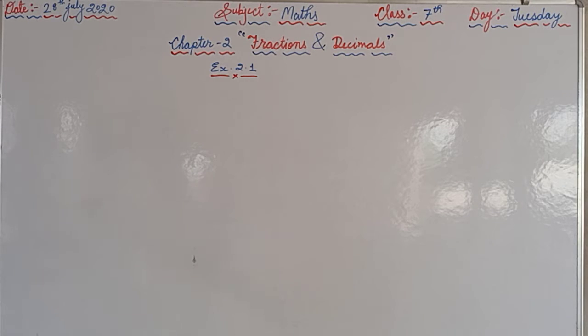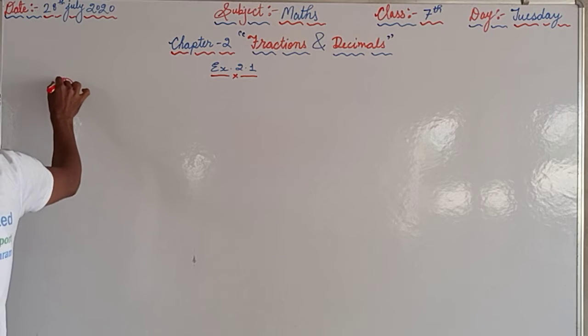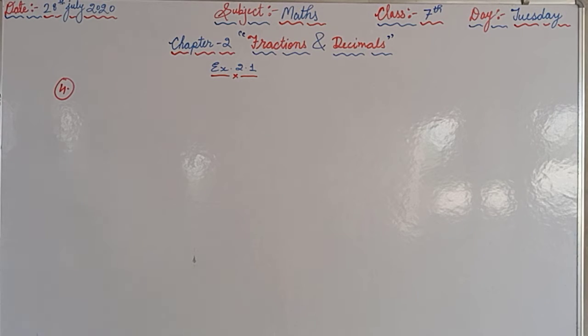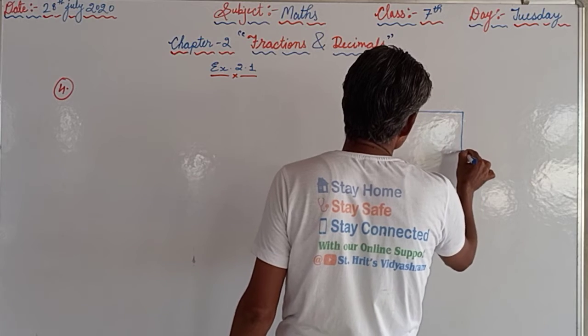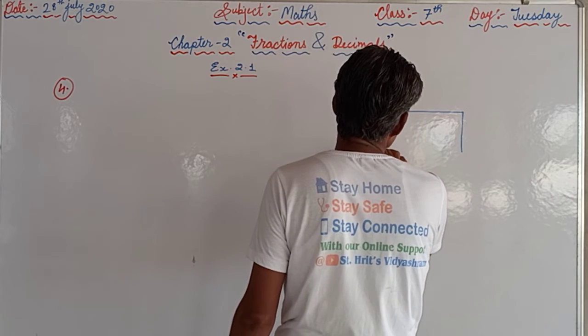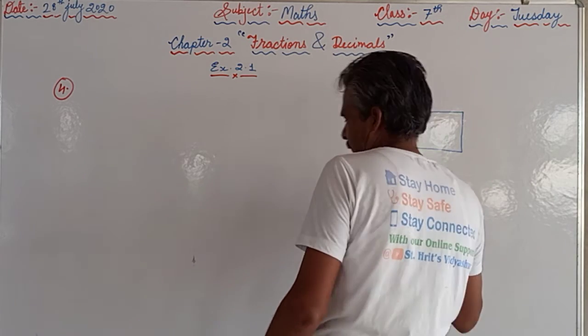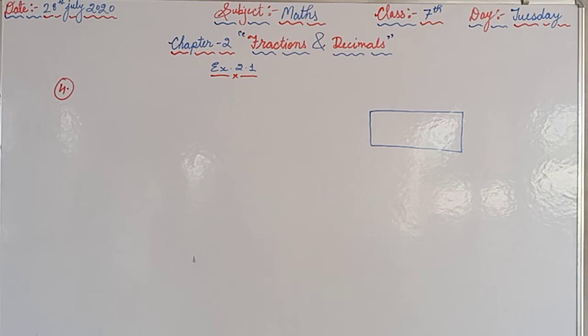In question number 4, a rectangular sheet is given. Rectangular sheet means like this. The length of the rectangular sheet is 12 and 1 by 2 centimeters.